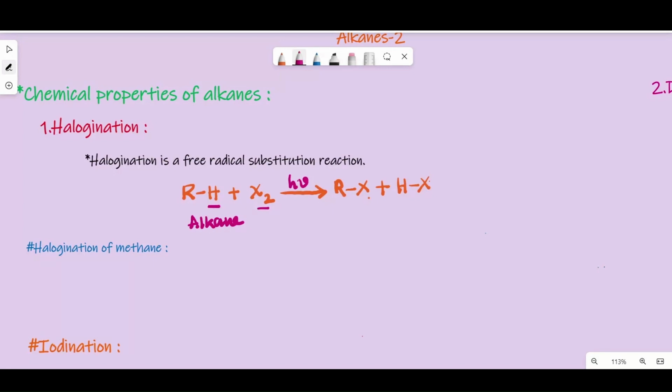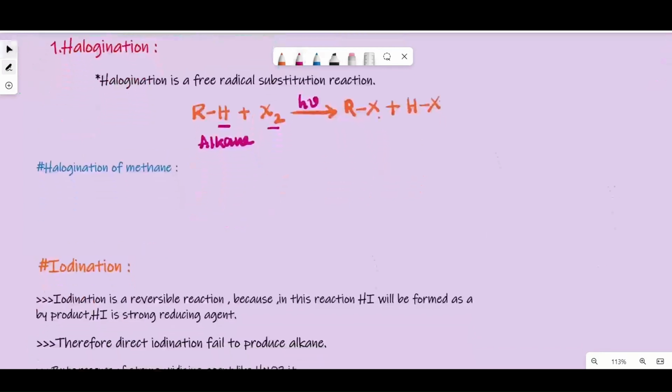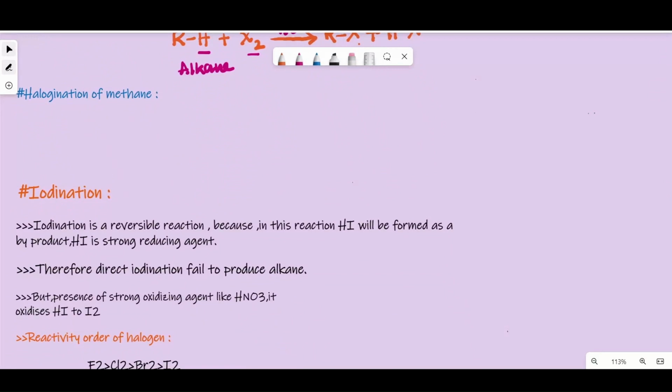Let's see one example, like halogenation of methane, a special case. In this reaction, we will get a mixture of products. Let's see one by one. Let's take CH4, methane, plus chlorine Cl2 in the presence of light.